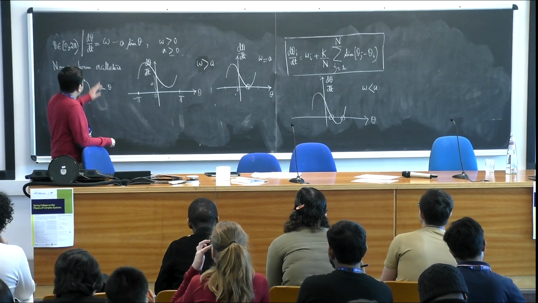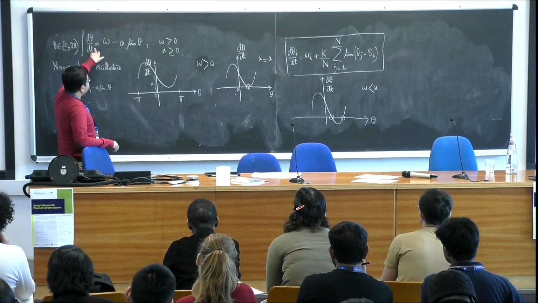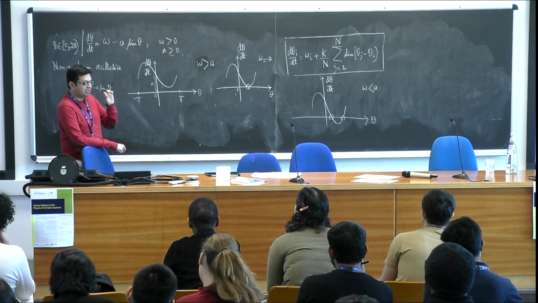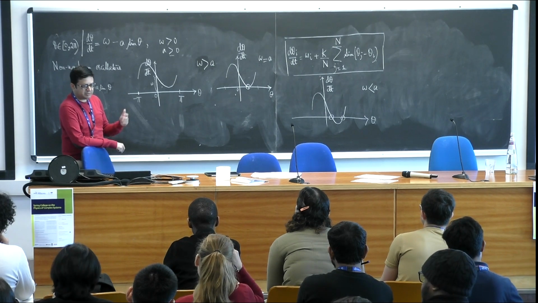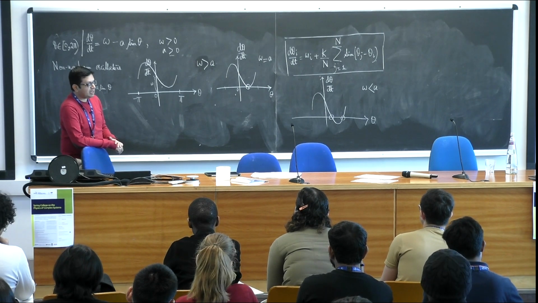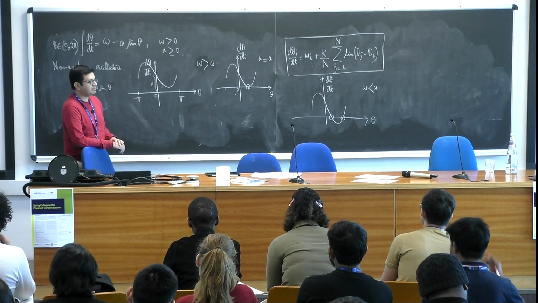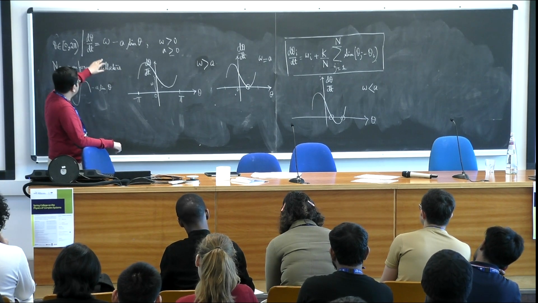Fixed points are basically values of theta for which d theta dt is equal to 0. If you start the dynamics exactly from those values, there is no motion. Sometimes they are also referred to as equilibrium points, but this equilibrium has nothing to do with statistical equilibrium, because there is just one oscillator.